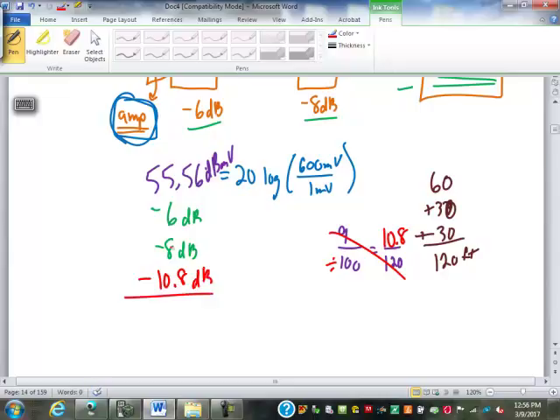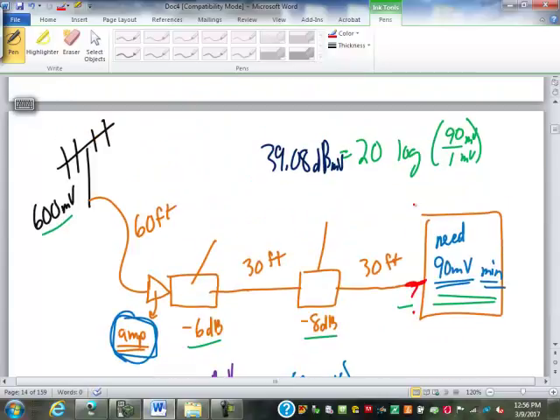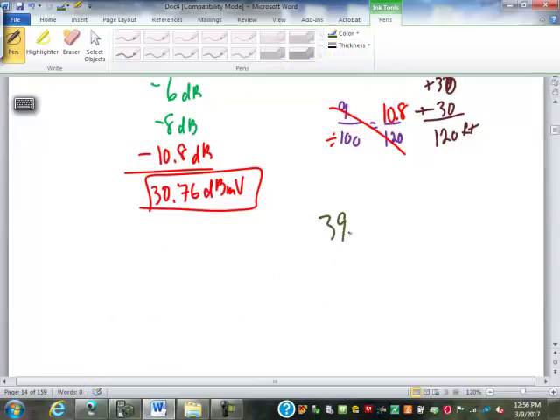But that is 24.8 that we're losing, so that comes out to be 40.76 is where we're at. Does that look right? 30.76, thank you. So with no amplification, the signal that would get through here would be 30.76. We need 39.08.